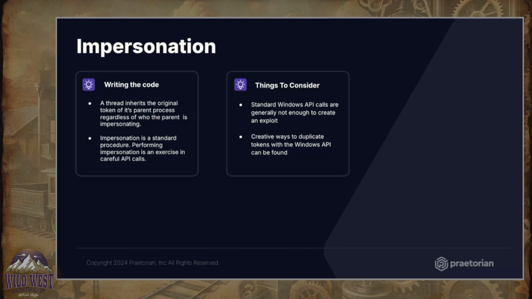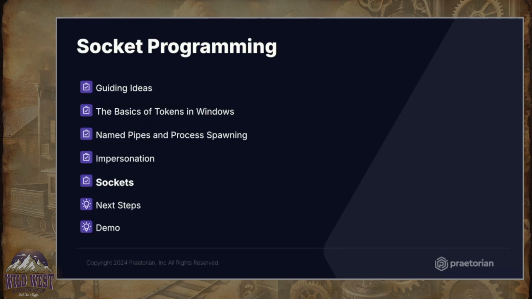Secondly, impersonation might sound a little mysterious, but it's fundamentally a standard procedure that involves following the correct API calls in the correct order, right? However, standard Windows API calls are generally not enough to create an exploit in and of themselves, but we can exercise a lot of creativity in how we decide to duplicate tokens and achieve something analogous to an exploit.